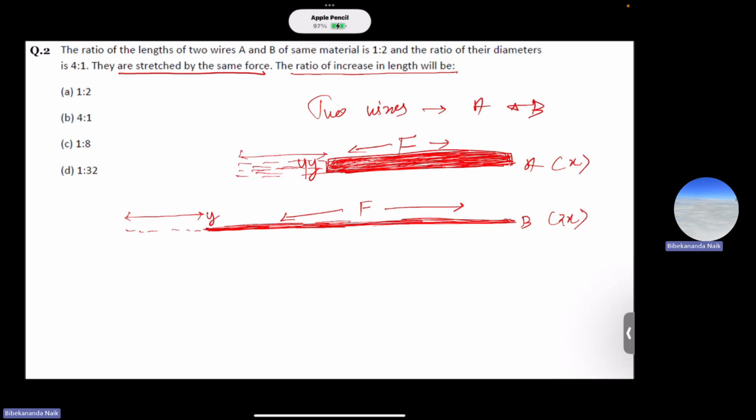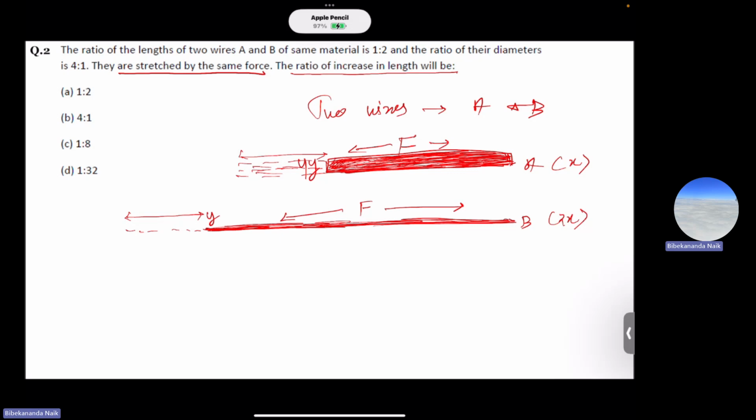And since we are talking about the case of wire, where the change in radius is not that significant, because for wires the assumption is the radius is very small when compared to its length. So for this type of material, the modulus of elasticity is called Young's modulus of elasticity. So what is the formula for Young's modulus of elasticity? So here the ratio of increase in length.